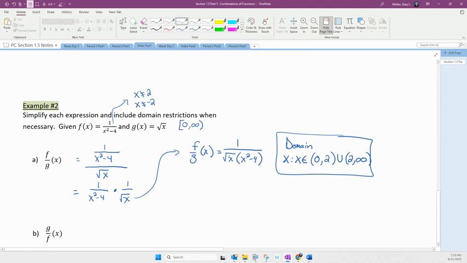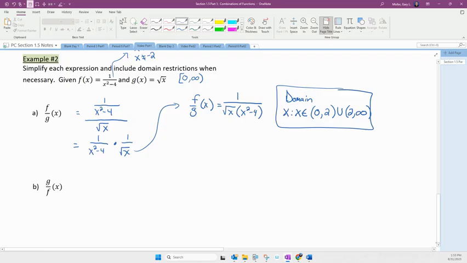Right, so it isn't hard, but there's just more things to consider as you're doing the problem. All right, let's do this last one, g divided by f. Let's flip it around and do it the other way, which could just mean we just flip this over, but I want to make sure. So let's just go from scratch like we haven't done it before. So g, oh, it makes me wonder if I've done something wrong.